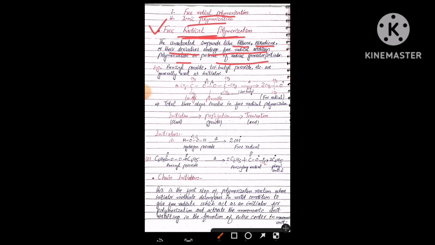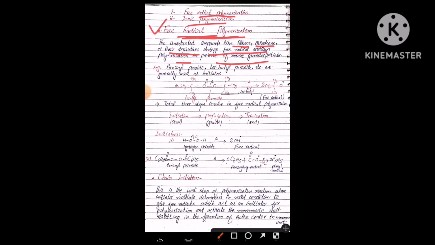What does this mean, students? It means that we need an initiator to initiate our reaction. So what type of initiator can we use?